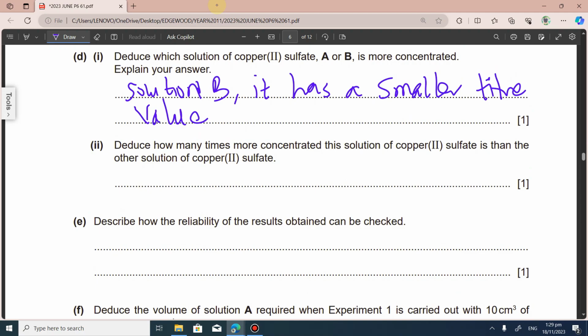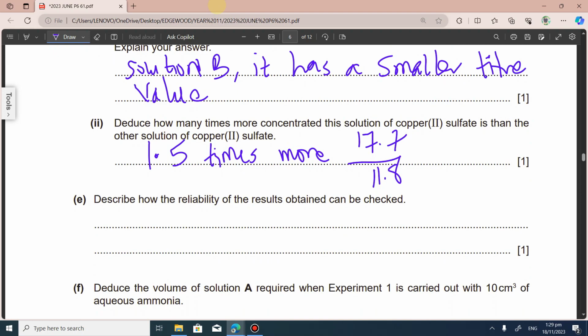Solution A is 17.7, so 17.7 divided by 11.8. Let me press the calculator here, 17.7 divided by 11.8. So it is simply 1.5 times more concentrated. From your calculation, 1.5 times more. Okay? Just division will tell you that.